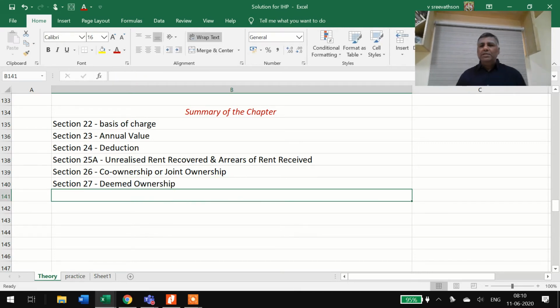Section 27, deemed ownership. So these are all the things which we saw.